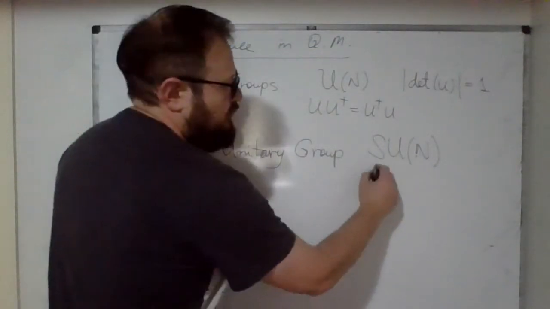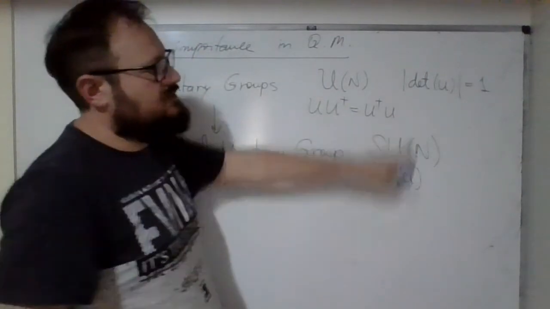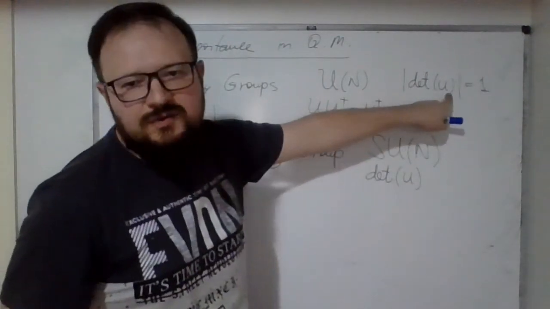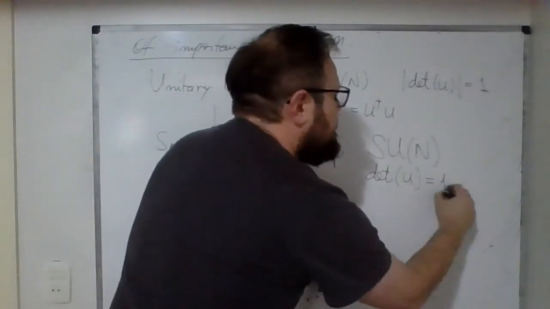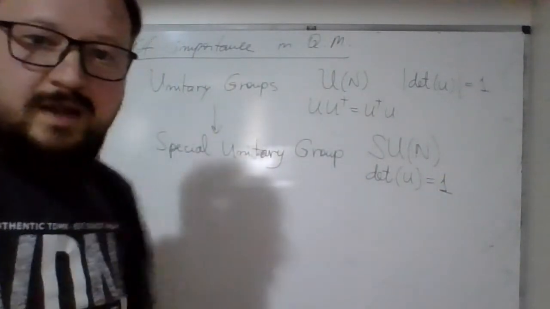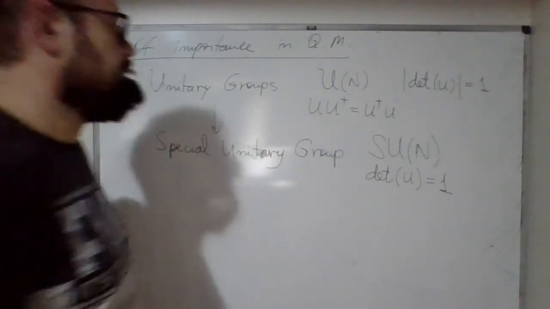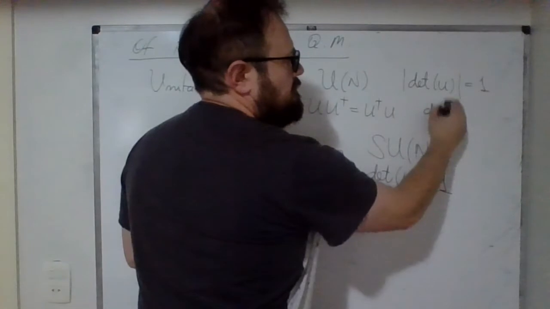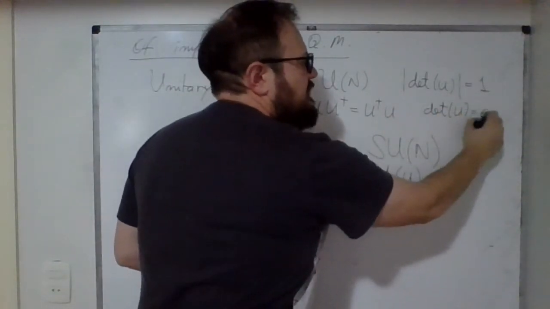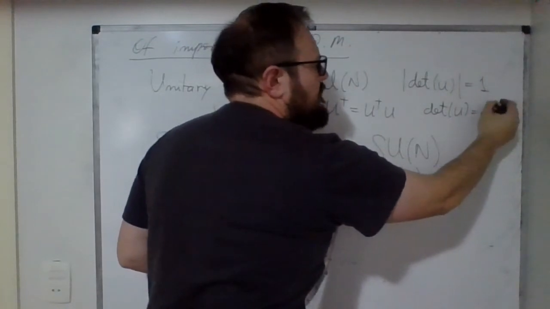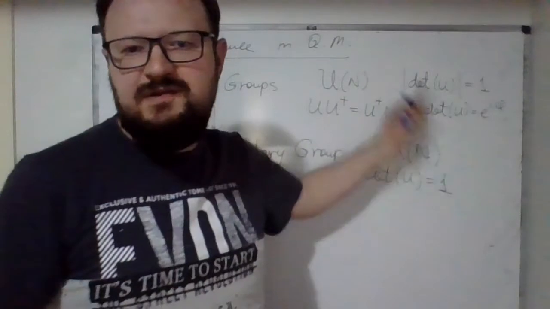But what defines this special group is that not only the modulus of the determinant is equal to 1. The determinant is plus 1. All right, the determinant is exactly equal to 1. Here, in the general case, you could have the determinant equal to some phase, because the modulus of a phase is 1.